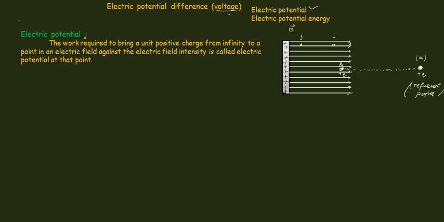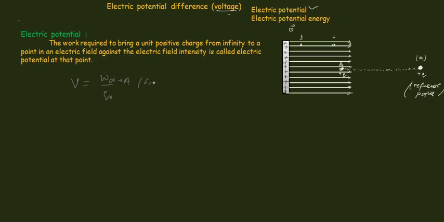This electric potential is represented by V, which is equal to the work done per unit positive test charge in bringing it from infinity to point A inside an electric field. Electric potential is a scalar quantity which shows only the strength of the electric field lines at a specific point.